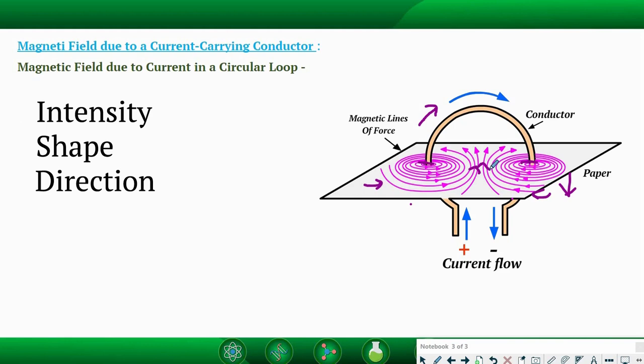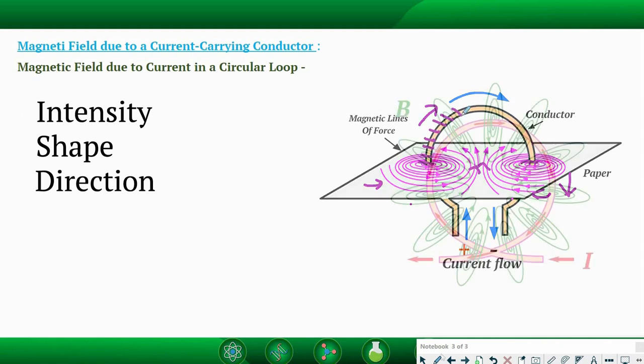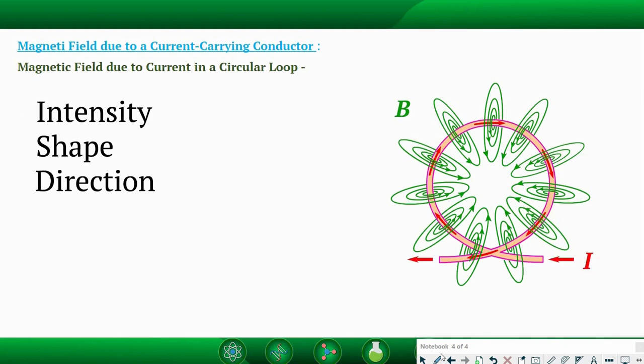So these concentric circles and these parallel lines near the center of the loop are contributed by every point in the loop. The overall picture is that all the points are contributing their own magnetic field, which are all unidirectional and almost parallel at the center of the loop.